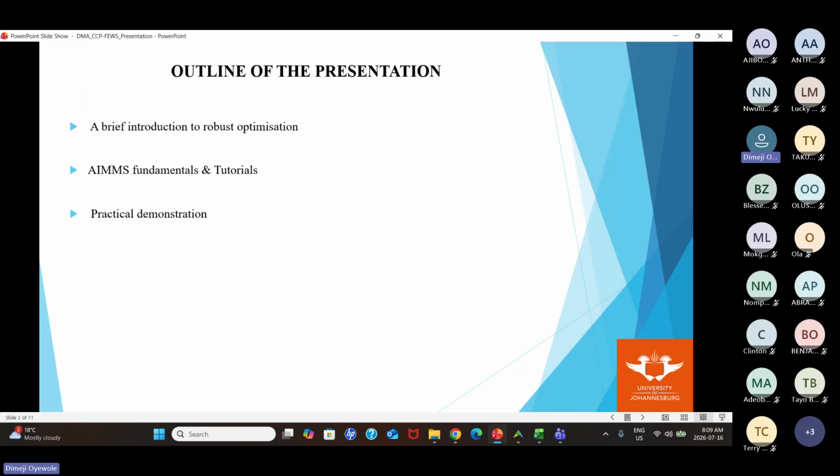So it's going to be something very short because robust optimization is a very, very broad field. When I was doing my PhD, I came across a textbook on robust optimization, and it was a very big one. We have a lot of researchers in the field, and a lot of publications have been done on it.